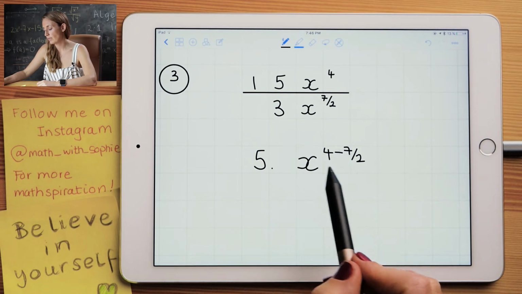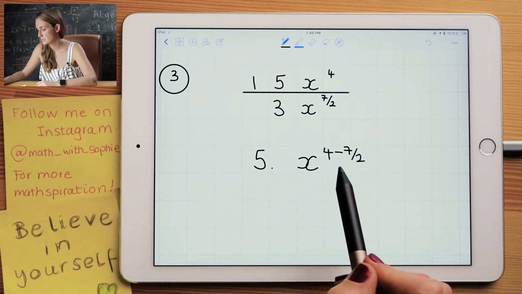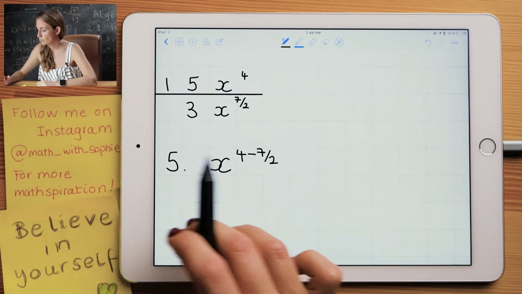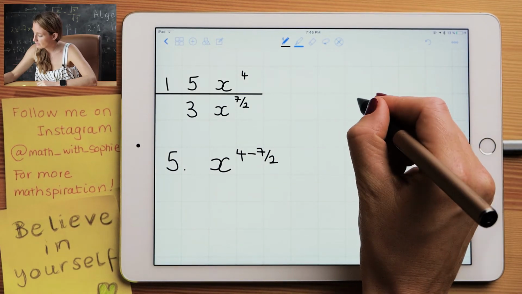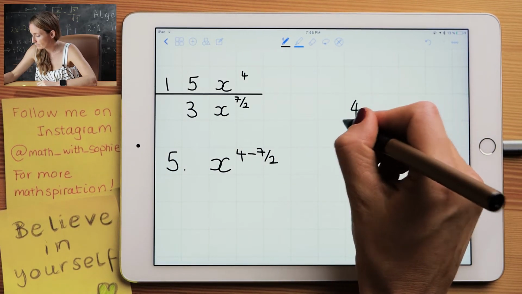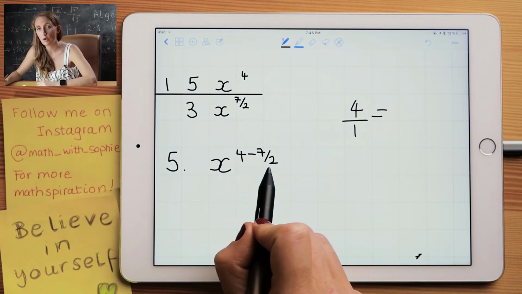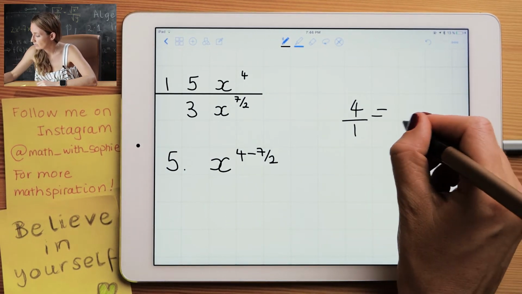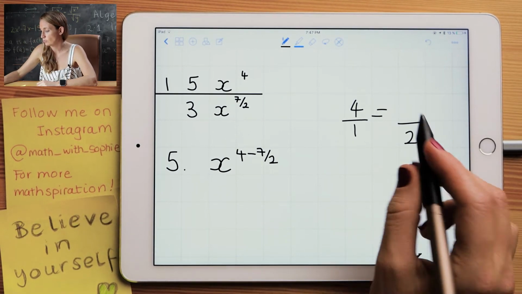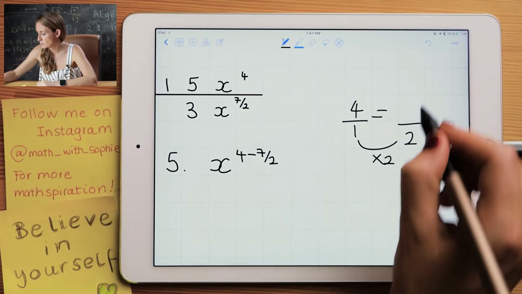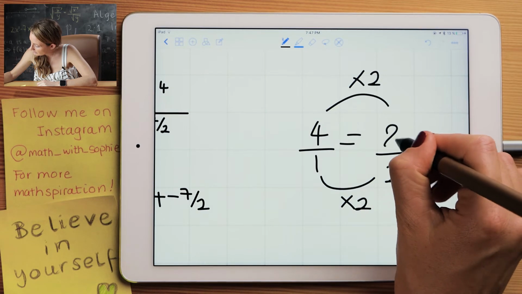If you're not familiar with how to subtract if you have fractions, you need to have a common denominator. So if we work that out on the side, 4 is the same as 4 over 1. But both of the fractions need to have a common denominator of 2. So we need to have this bottom number here being 2. So 1 times 2 is 2, and 4 times 2 is 8.